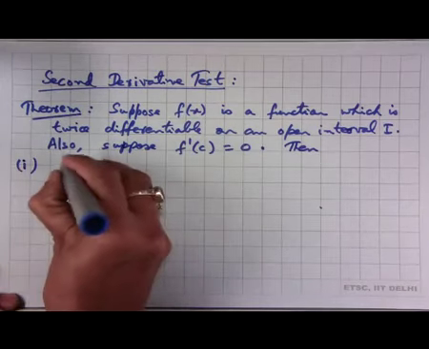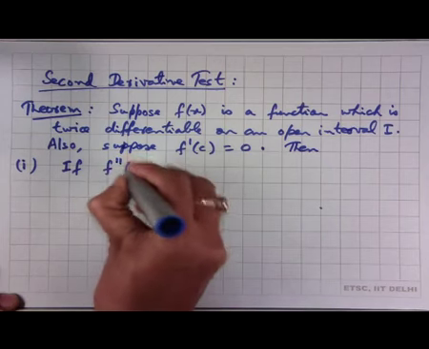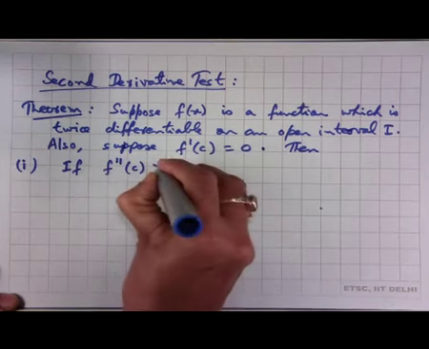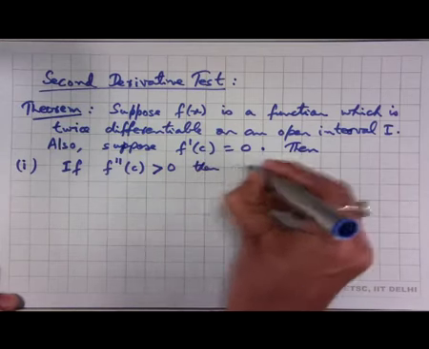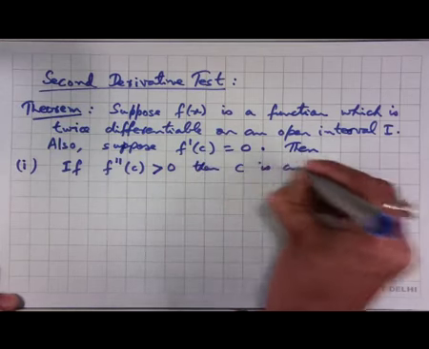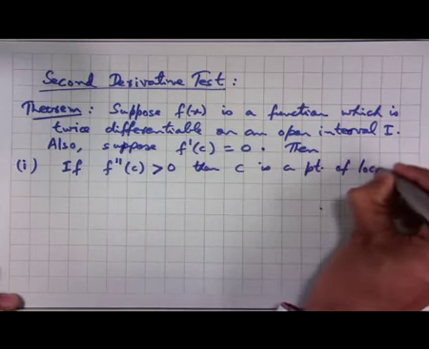First, if the second derivative f double prime c is greater than 0, then c is a point of local minima.